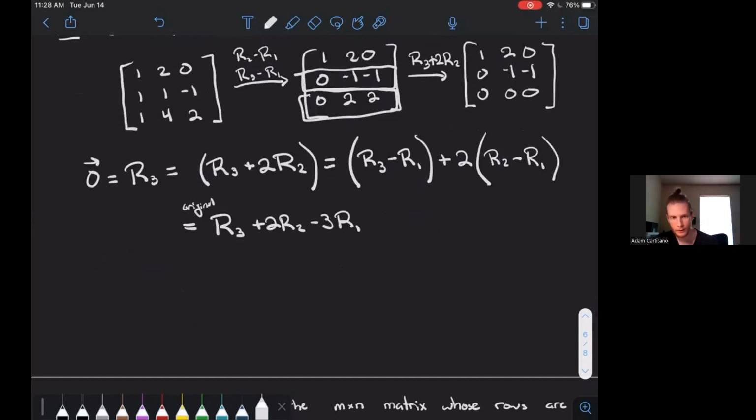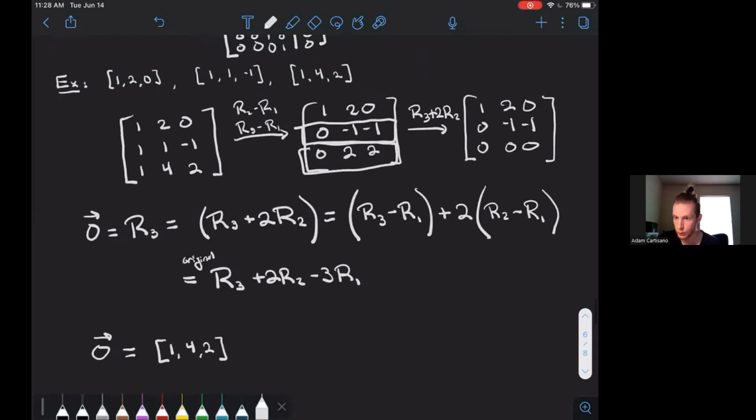So apparently the zero vector is row 3, which is 1, 4, 2, the original row 3, plus 2 times the original row 2, 1, 1, minus 1, minus 3 times the original row 1, 1, 2, 0.